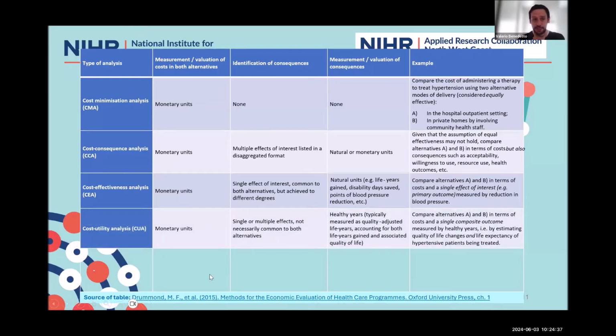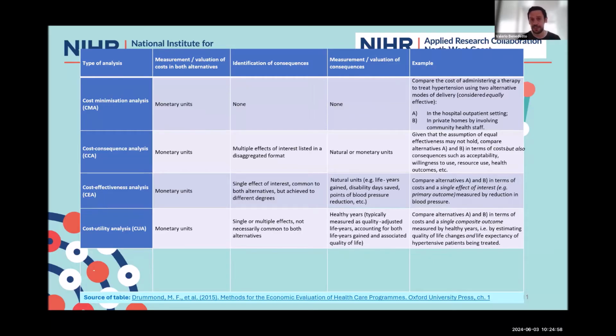Another very common type of economic evaluation is a cost utility analysis. So again, you might have heard this before. Again, we are comparing cost and outcomes. But here we have an outcome which is more generic. So we're not talking really about a specific or condition-specific clinical outcome.